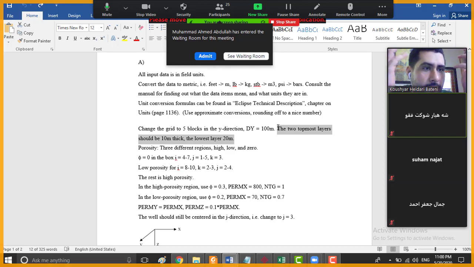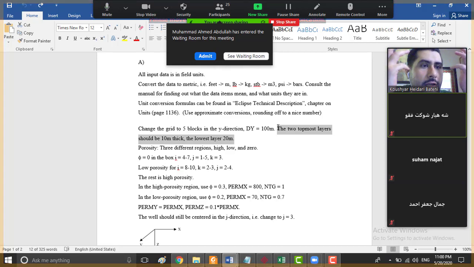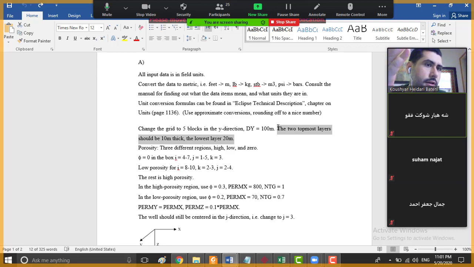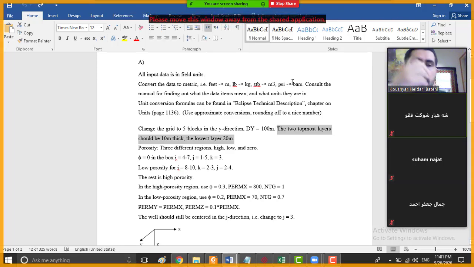So you should know how the software works. There's no other way. All of this is written in the reference manual of the software also. If you want additional information, you always have to go to the reference manual.